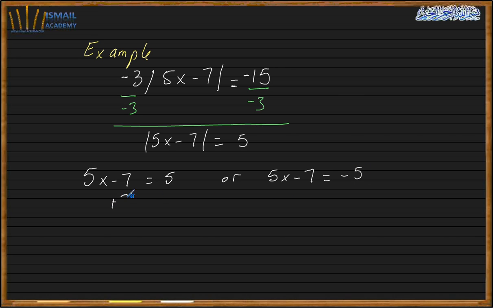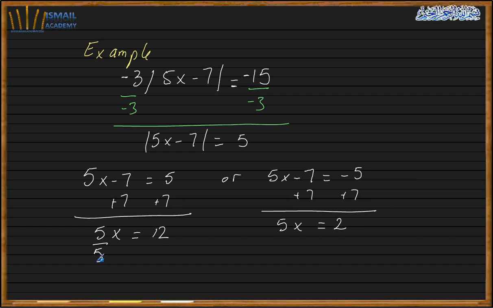So here I add 7 both sides. I got 5x equal 12. Here I add 7 both sides. I got 5x equal 2. Now I divide both sides by 5.